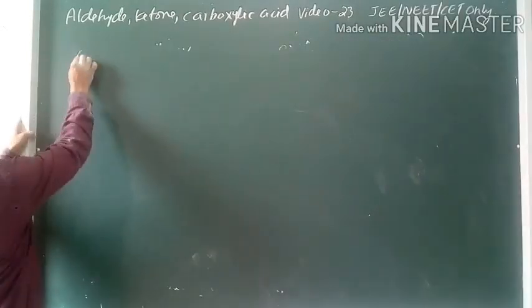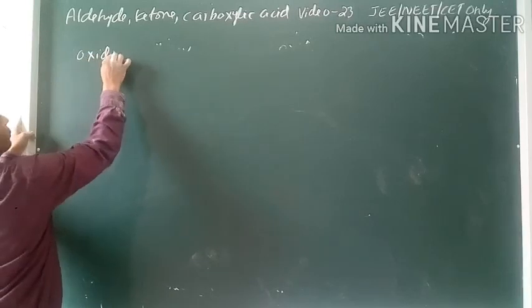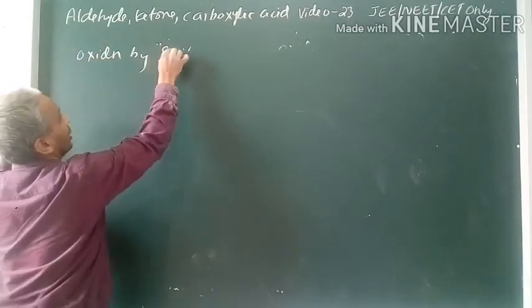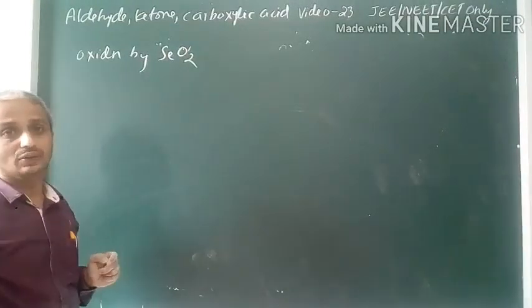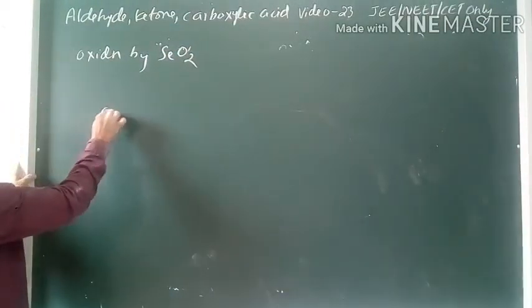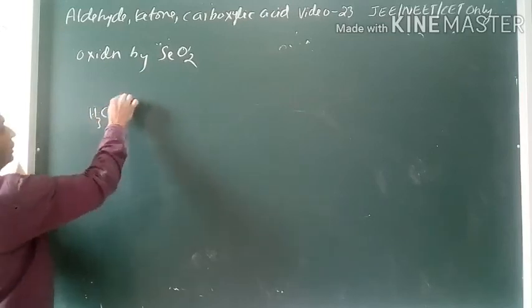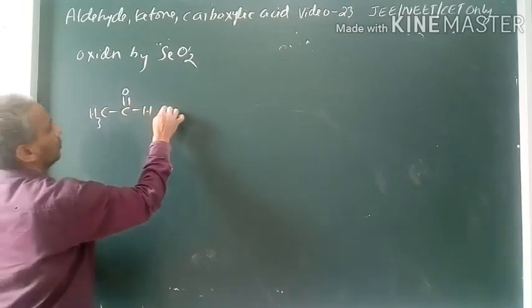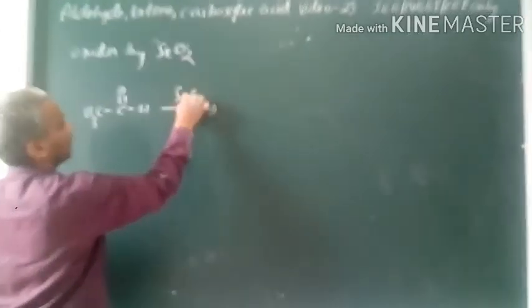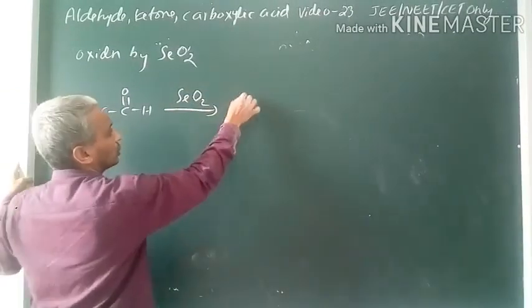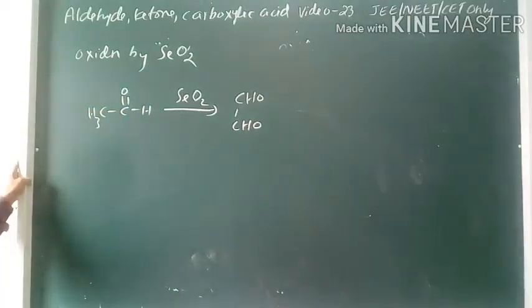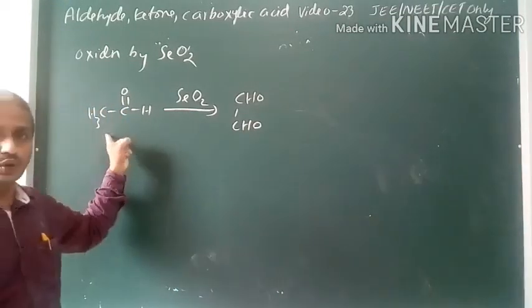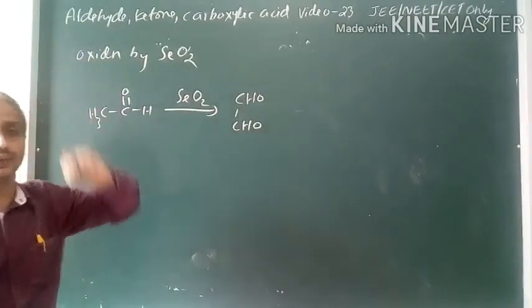Next one is oxidation by selenium oxide, SeO2. CH3CHO on oxidation with selenium oxide gives CHO-CHO. Monoaldehyde is converted to dialdehyde over there.